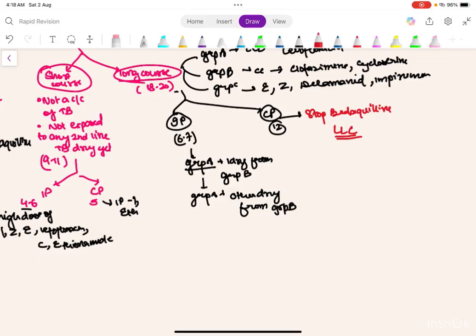Now what is LLC? LLC is basically linezolid, levofloxacin, and clofazimine. Okay, so this is about the treatment aspect of anti-TB drugs.